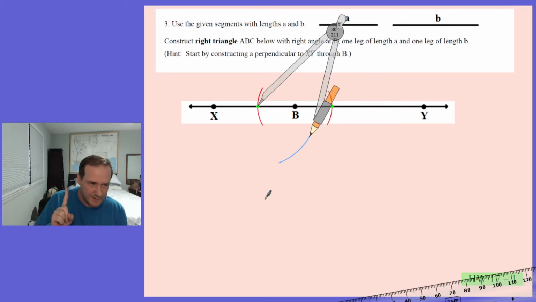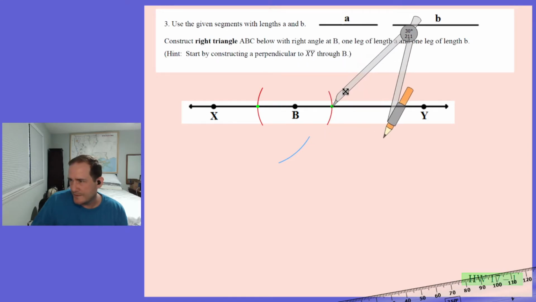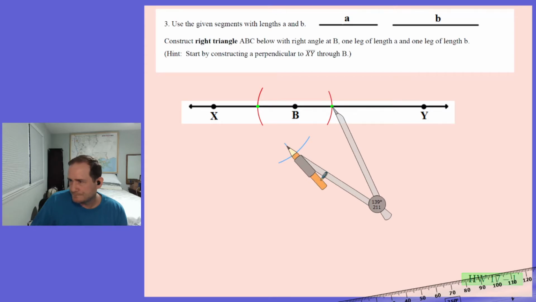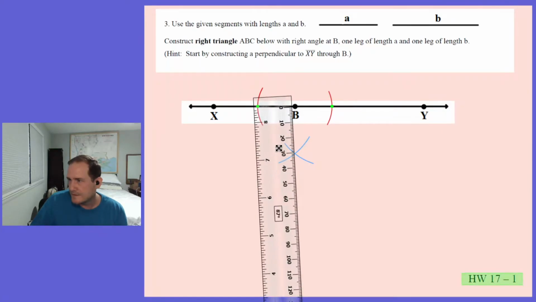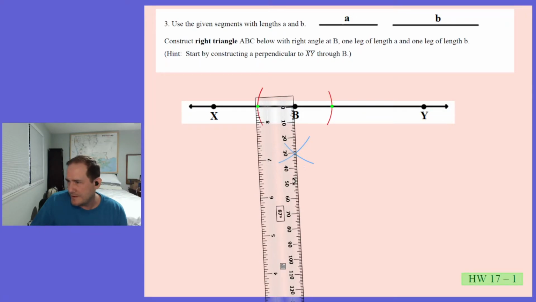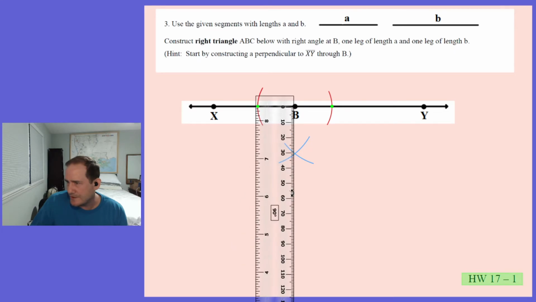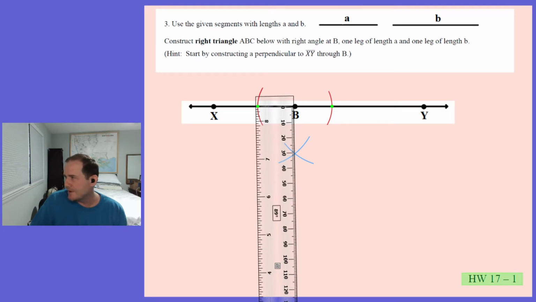I only need 1, because I already have point B as well. So just 1 point is good enough this time, because I can line up my ruler with point B. So I'll center on point B, open my ruler so it's just right, and then I can draw the line.